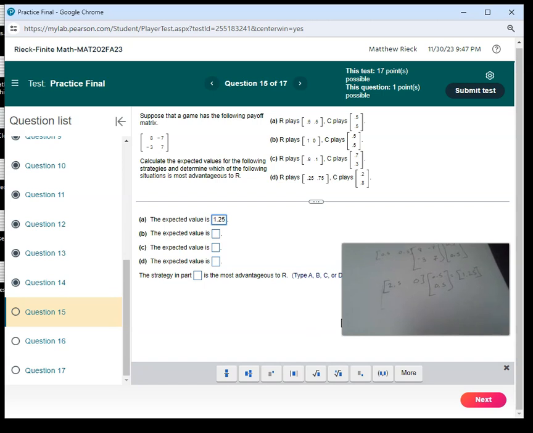All right. And same idea for the other ones. The only thing that's changing is your matrices. So you have R is going to be 1, 0, and C is going to be 0.5, 0.5.